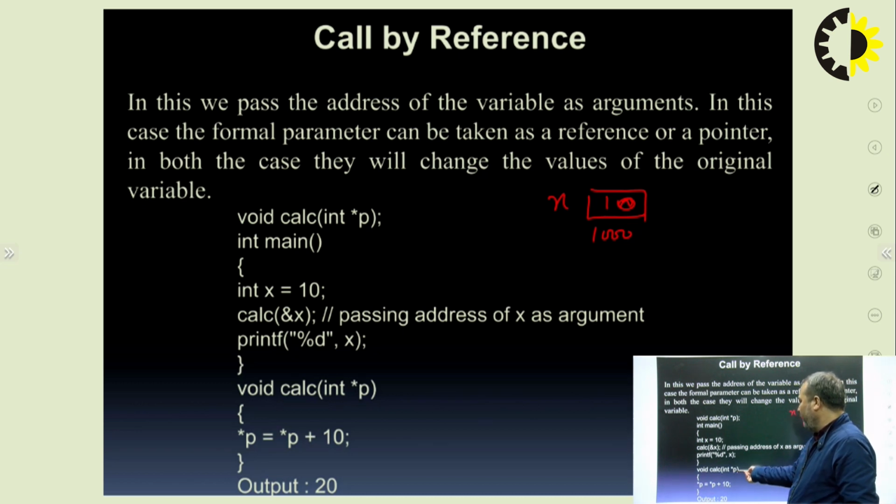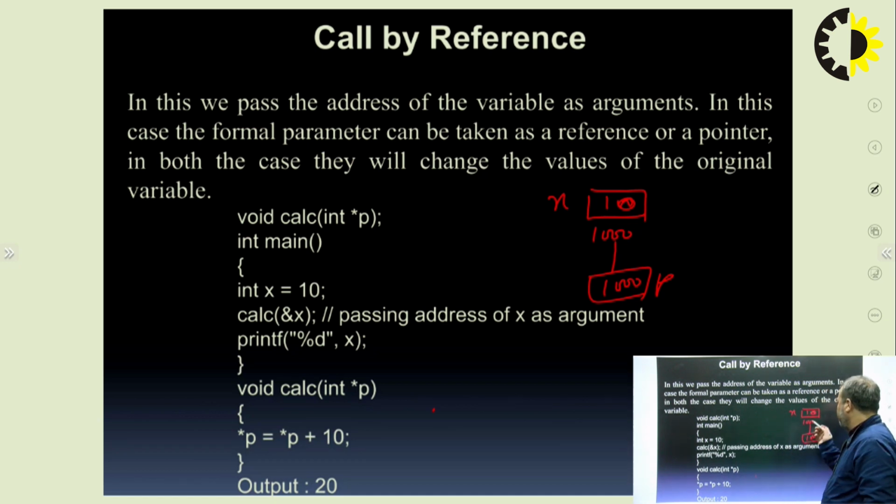In the formal argument, which is called the formal parameter, while this is called the actual parameter, since the actual argument is an address, the formal argument must be a pointer. So this p becomes a pointer, and this p will store the address of x, that is 1000. P will have its own address, 2 bytes or 4 bytes earlier, like 998.